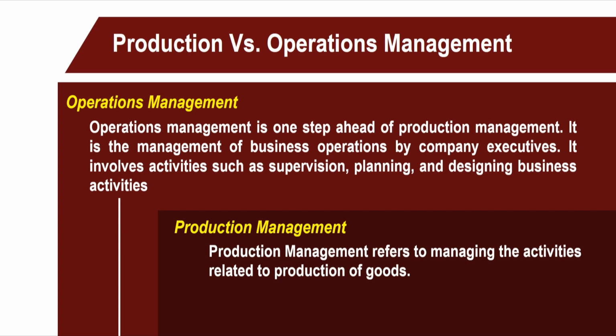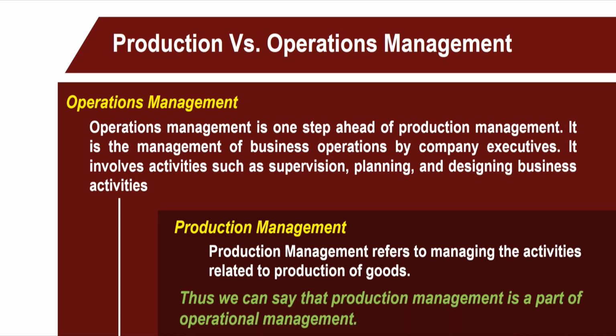It is the management of business operations by company executives. It involves activities such as supervision, planning and designing business activities. Thus, we can say that production management is a part of operations management.